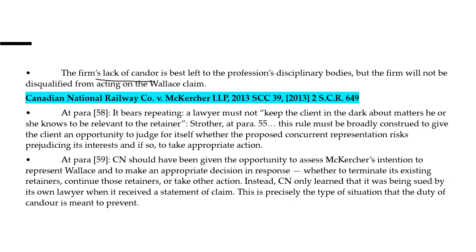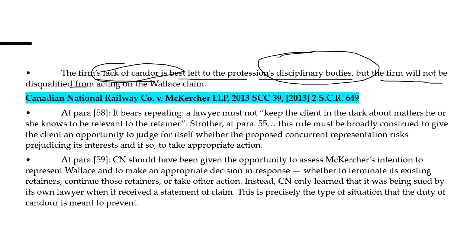So the firm's lack of candor is best left to the profession's disciplinary body, but the firm will not be disqualified. Disciplinary action could be taken by the law society, but just based on lack of candor, the firm cannot be disqualified from taking up the Wallace case.